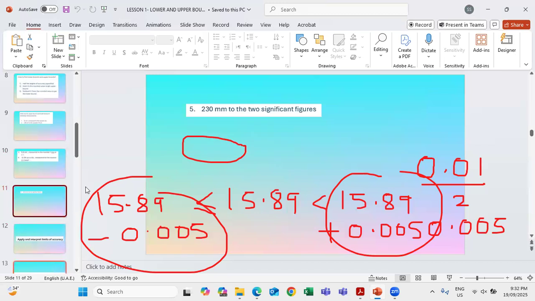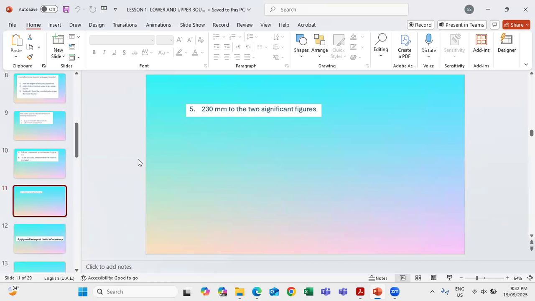Now we have lower bounds and upper bounds for two significant figures or three significant figures also. For example, this question here, this is 230 millimeters. This is something most students are confused about. We have to give the accurate answer up to two significant figures.